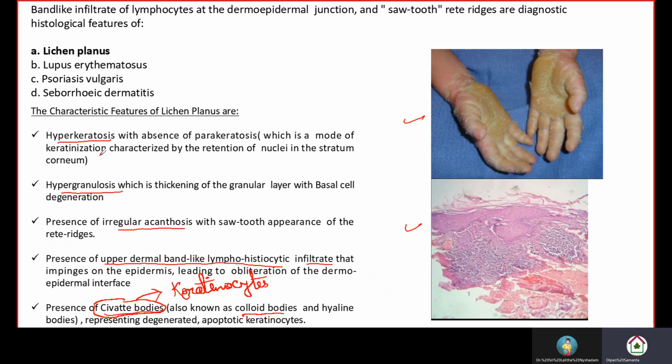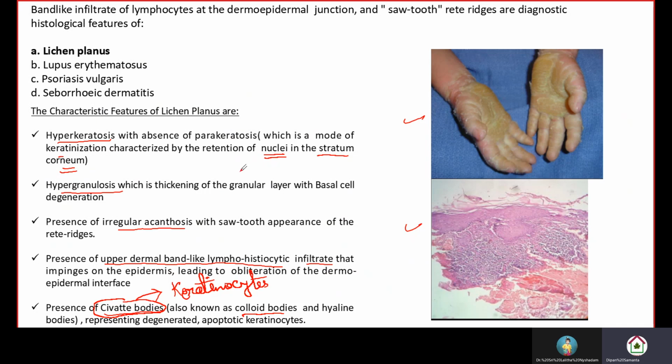As we know, keratinocytes normally lose their nuclei when they mature, so at the most superficial layer, the stratum corneum, they should not have nuclei. But in parakeratosis they will.